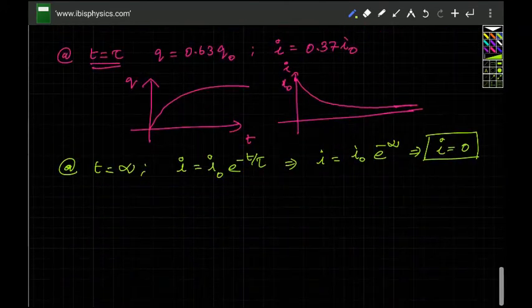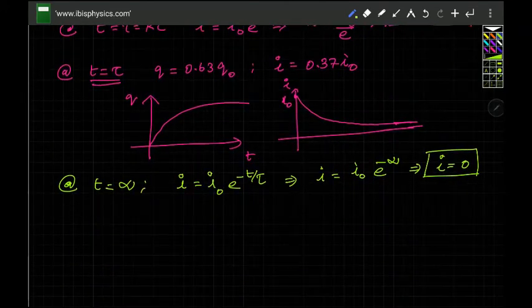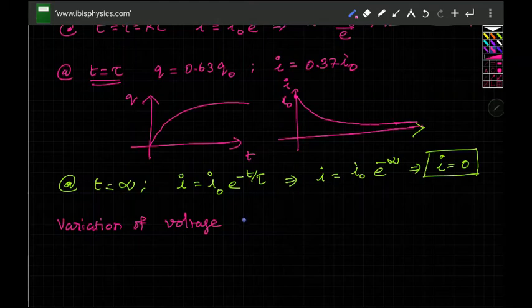So the graph of current with respect to time we have seen. The last thing to be seen is the voltage. What happens to the voltage? We are supposed to write the variation of voltage across the capacitor as a function of time.